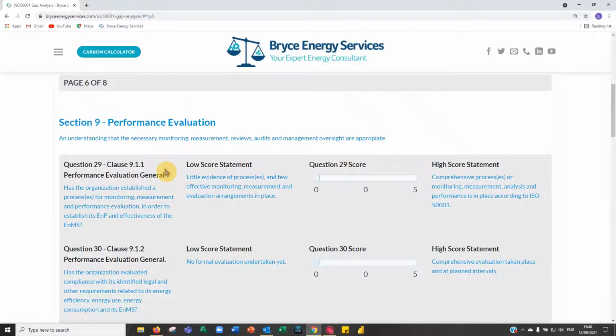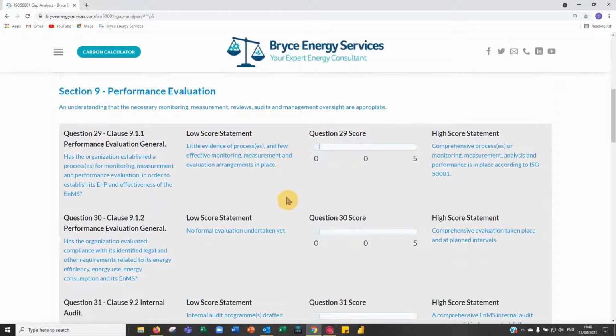Next, page 6 of 8, performance evaluation, section 9 of the standard. And understanding that the necessary monitoring, measurement, reviews, audits, management. So this is the section on, are you looking at and monitoring the significant energy use within your business and reviewing it, considering it, auditing both the process for collecting the data and the data itself.